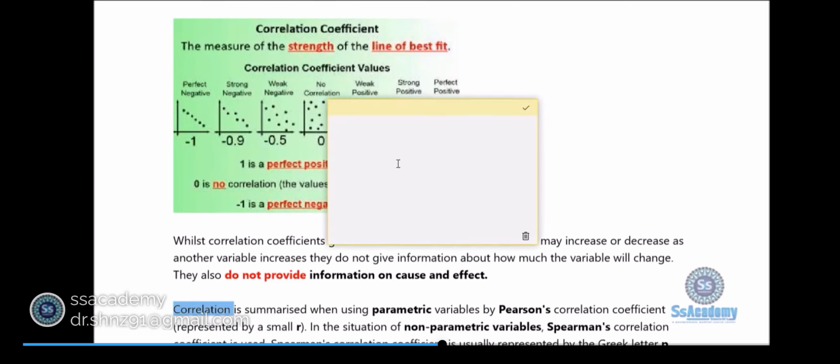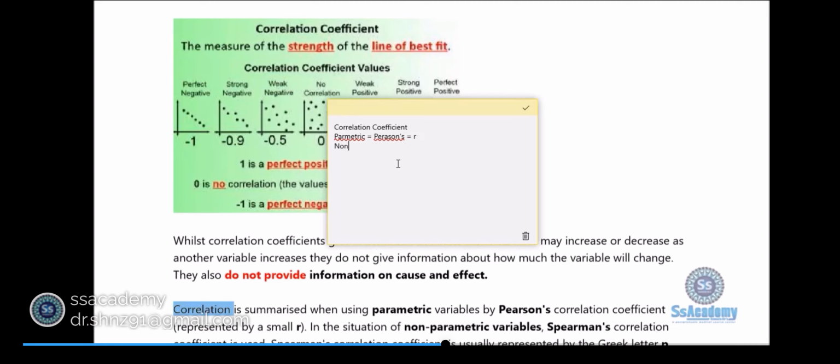Correlation coefficient. Correlation coefficient equals, as we already learned, parametric data for the Pearson's, and we call it r, small r.